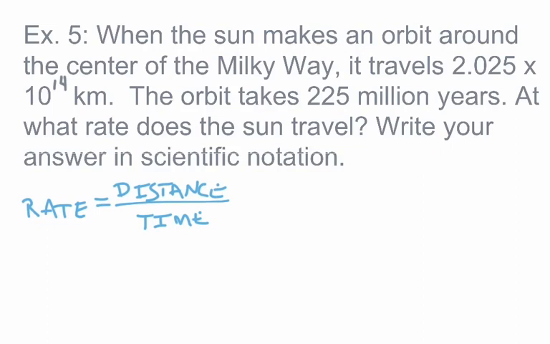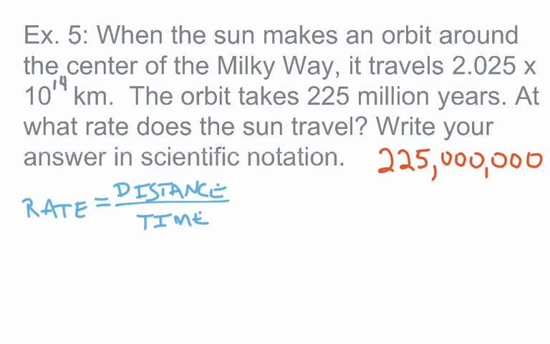Our time is 225 million years. So what I'm going to do is I'm going to actually write that out. I'm going to write it in the upper right hand corner kind of. And then I'm going to rewrite it so that both of our values are in scientific notation. So 225 million is going to look like that.